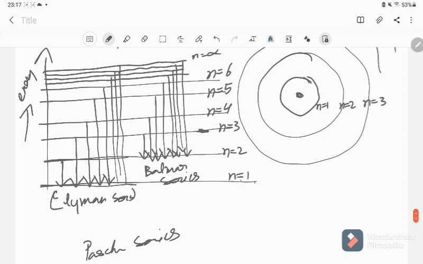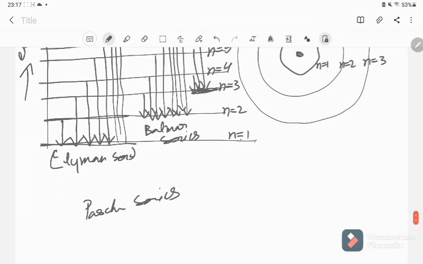I don't have space, that's why I'm not writing. Here n equal to 3 is the same.